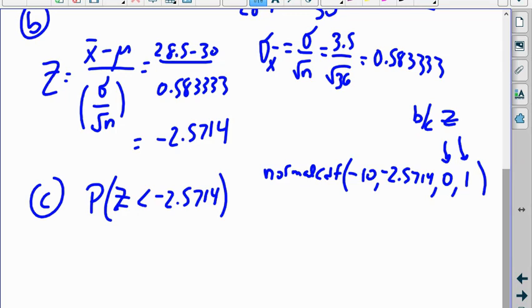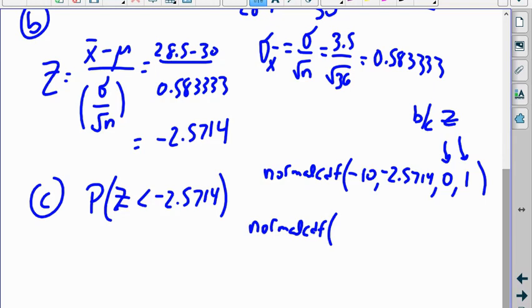If you were using regular world, that's normal. They're both normal CDF. Both of these commands will give the exact same thing. Because in normal CDF, you can specify a mean and a standard deviation.